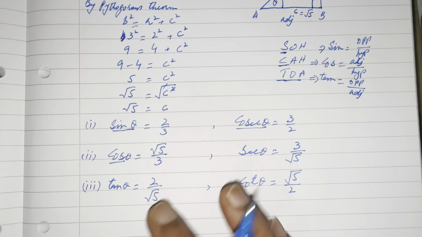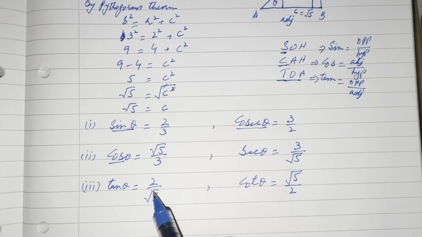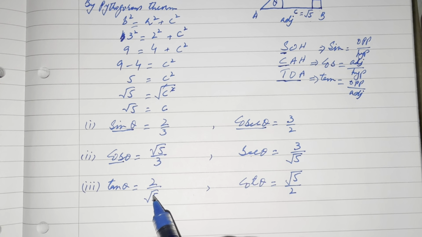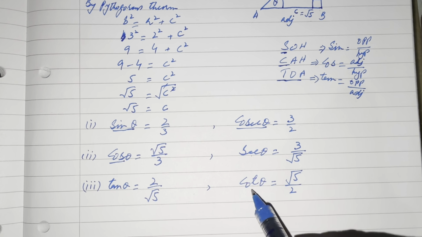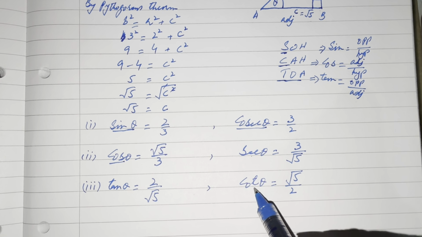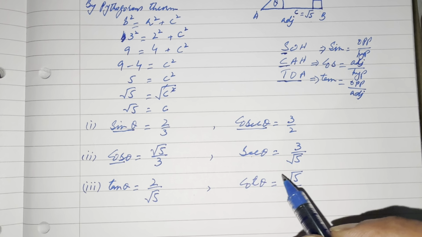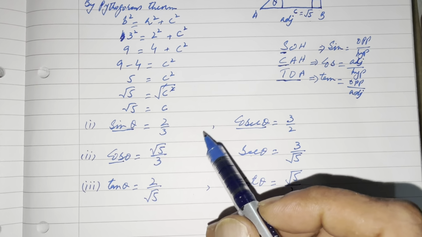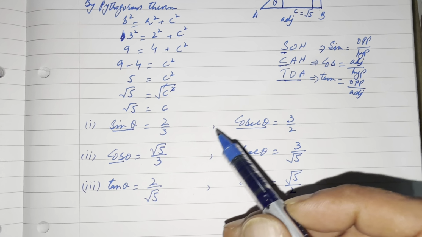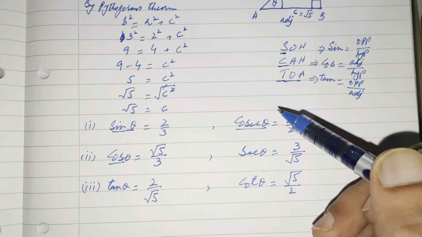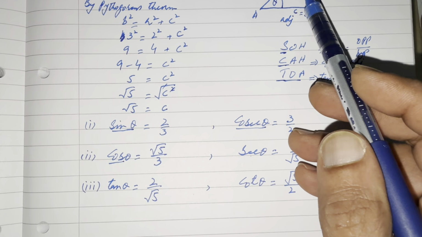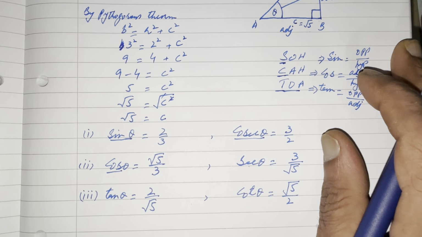Then we change the numerator into denominator and denominator into numerator to find the cotangent theta ratio. So that's the way that we can find these kinds of ratios with the help of this right angle triangle.